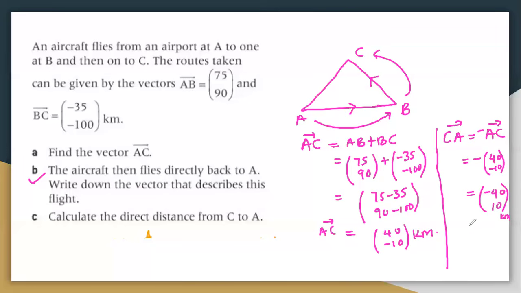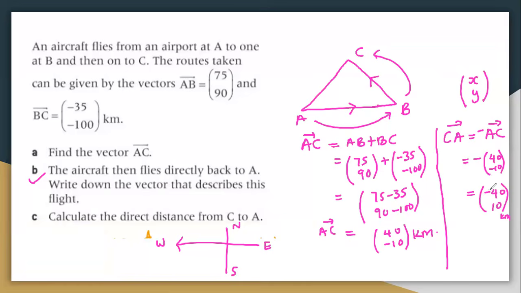In case they told us to describe the flight using the vectors, remember X and Y. If someone is moving, this is your west and this is the east, this is the north and this is south.